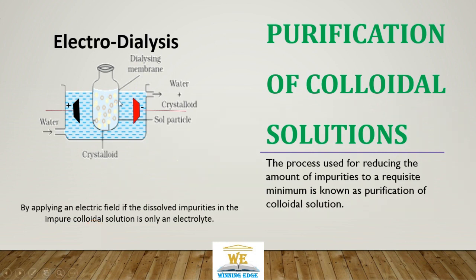If they have negative ions, they will move toward the positive electrode, and positive ions will move toward the negative electrode. So these electrolytes, which are small in size, pass through the membrane, and because of the applied electric field, their separation from the colloidal solution is fast.